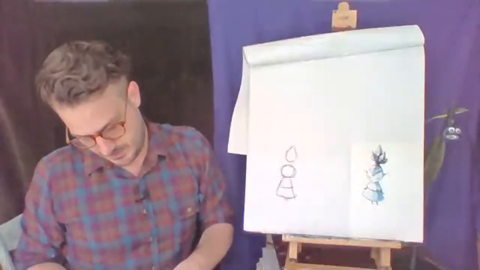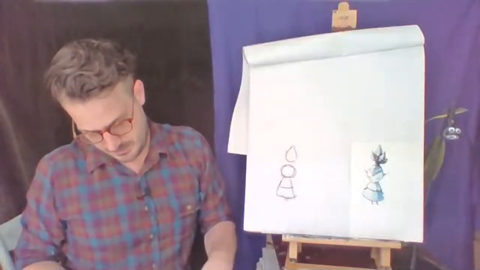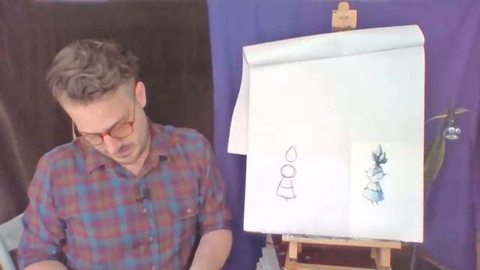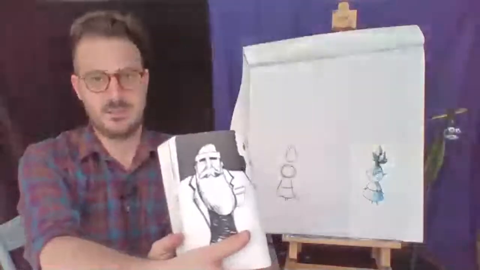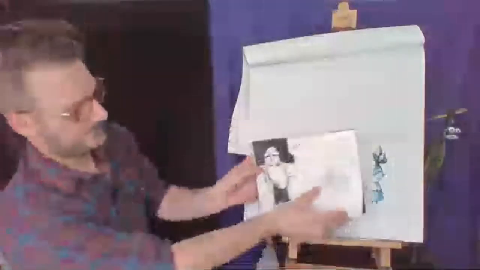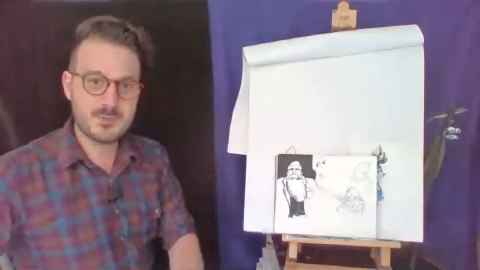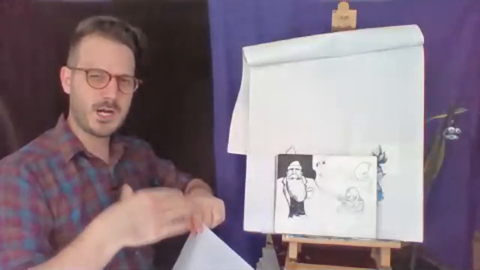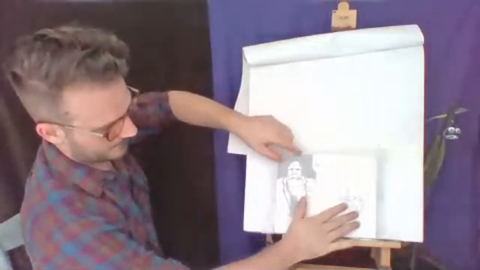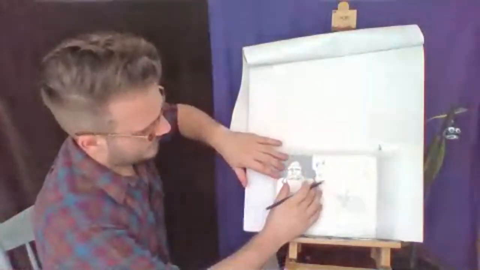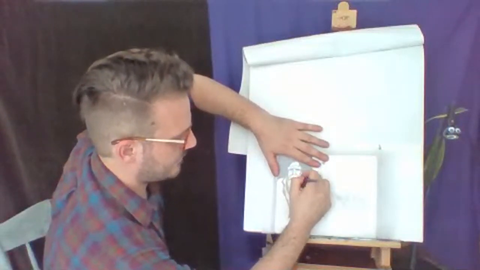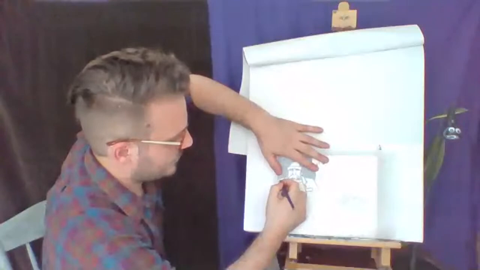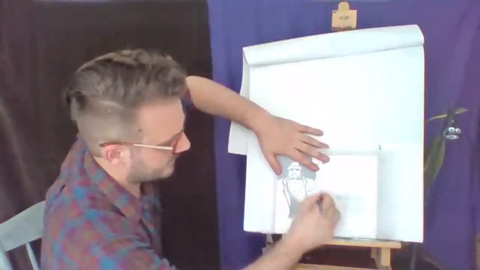Let's see. Here he is. I'll do this guy here, and we'll have two that we're working on. I like this guy because he's a little more square and boxy. So the main shapes I have going on here for his head is pretty rectangular. His shoulders are very square.